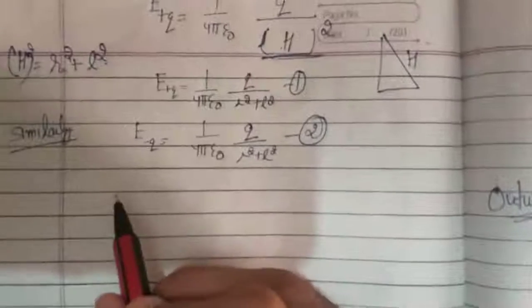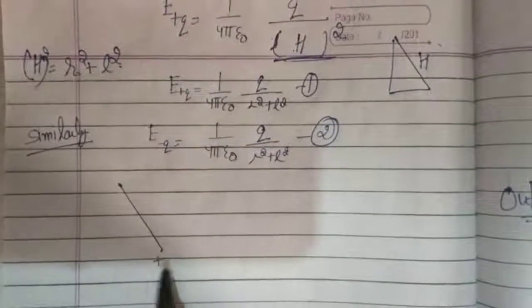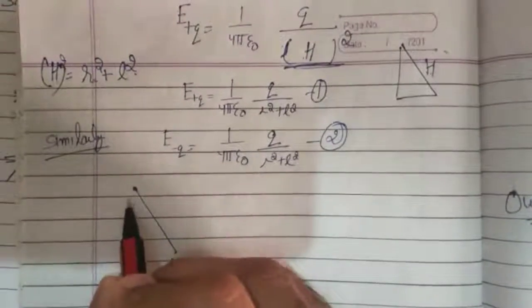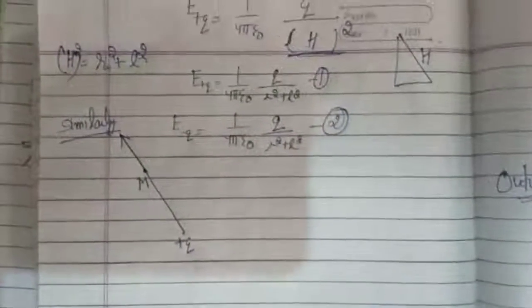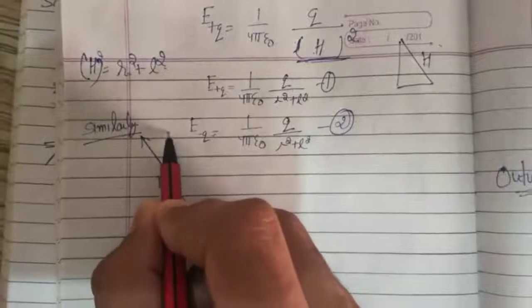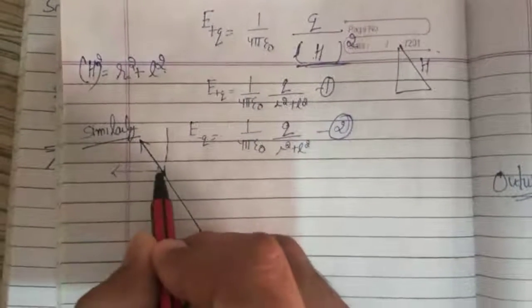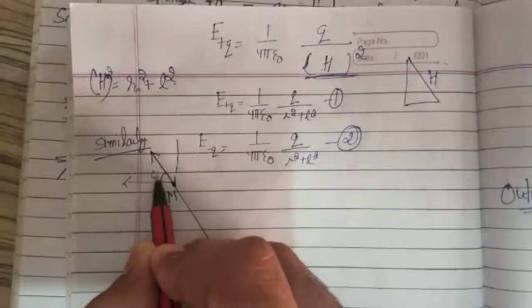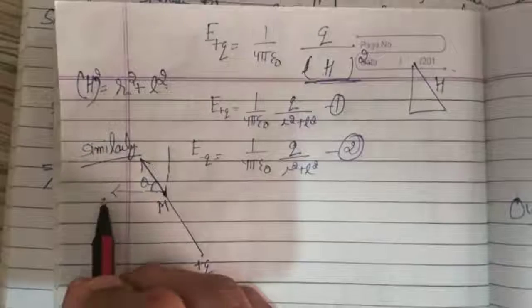You know that the electric field due to plus Q is acting on point M in this direction. We will make its two components, like this and this. Suppose it is making angle theta with this.